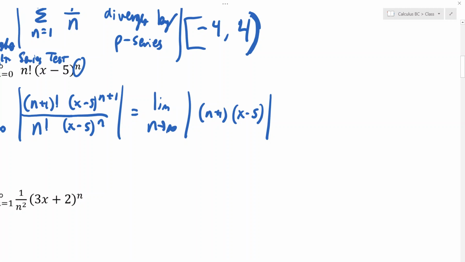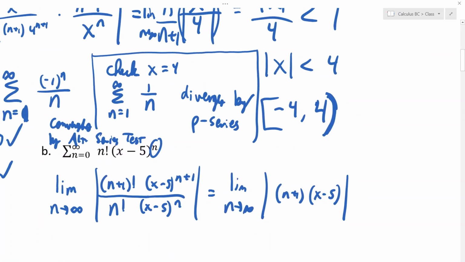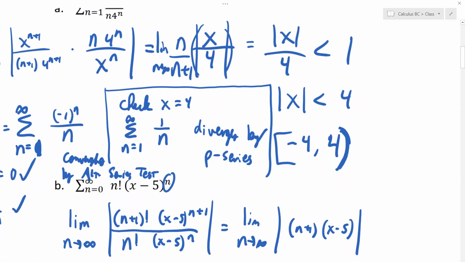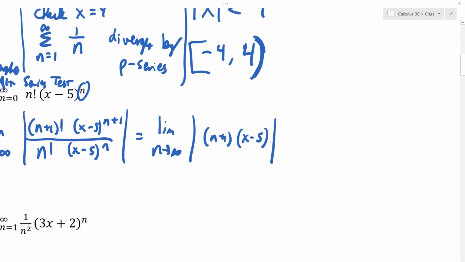Where's that limit going? In our last limit, all the n's went away because they went to 1, and we just had some left over, and we solved for x, x minus the center. Here, all my n's did not go away. If that n was in the denominator and n was going to infinity, where would the limit take it? To 0, and it would converge everywhere because it's always 0.